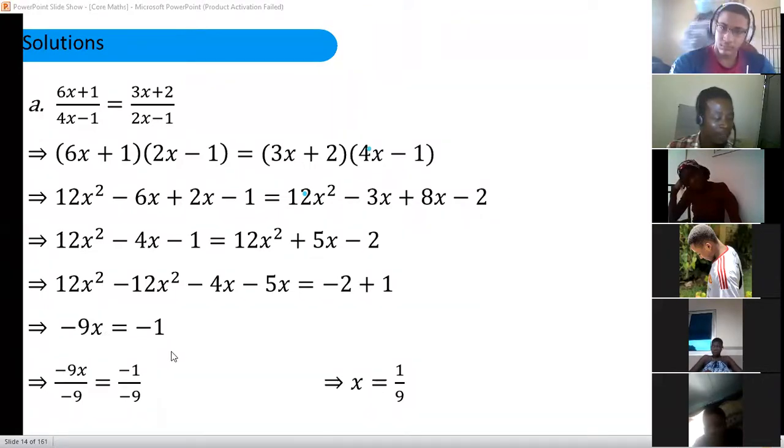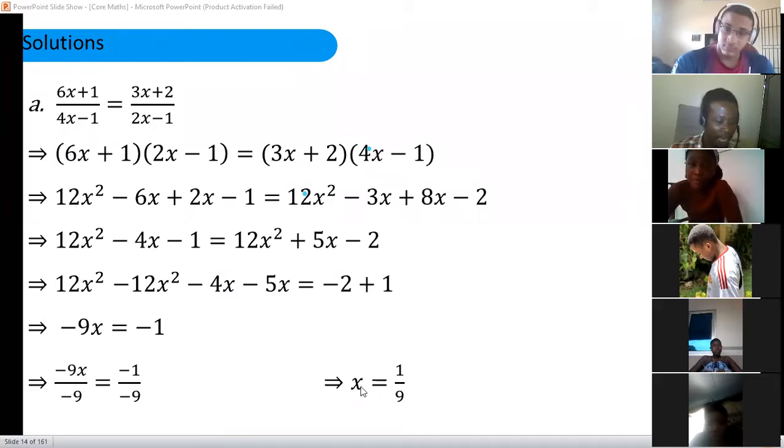So dividing both sides by -9, I have -9x divided by -9 is equal to -1 divided by -9. Then when -9 divided by -9, it will become +1 times x will give us x. -1 divided by -9 will give us 1/9.